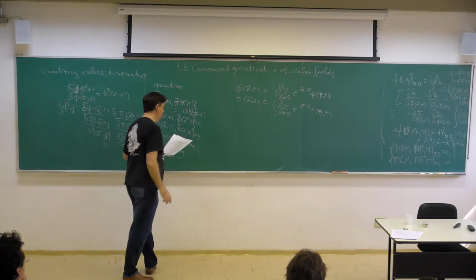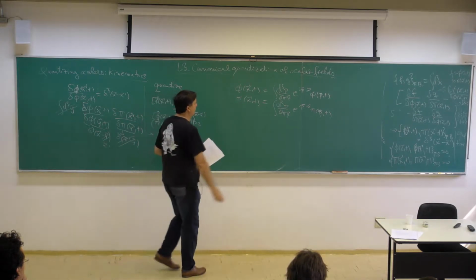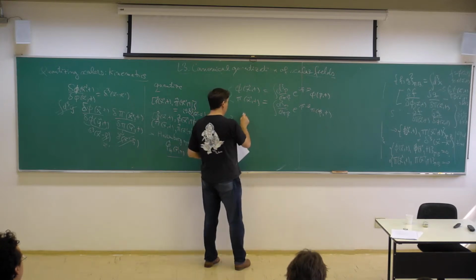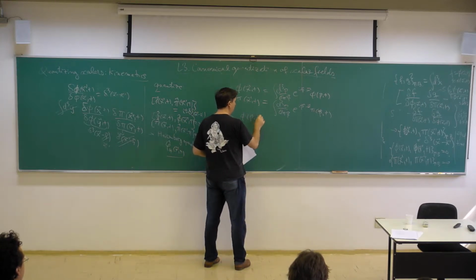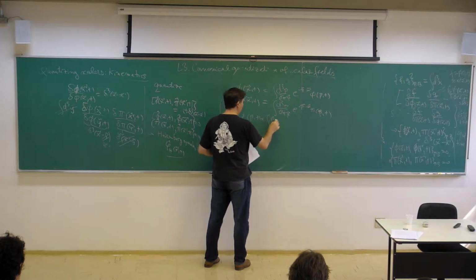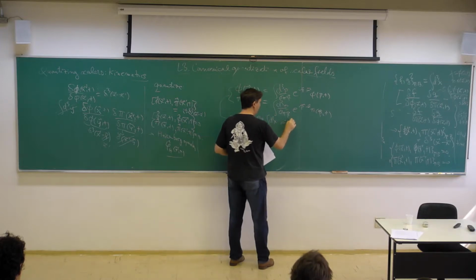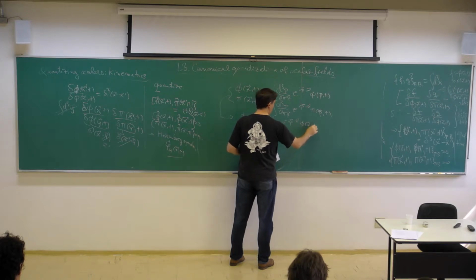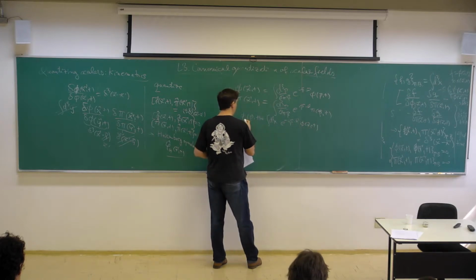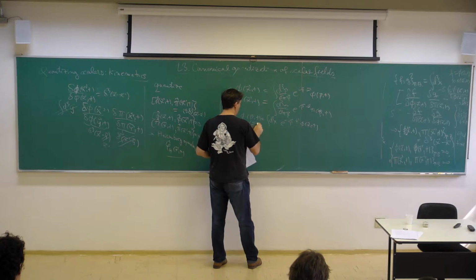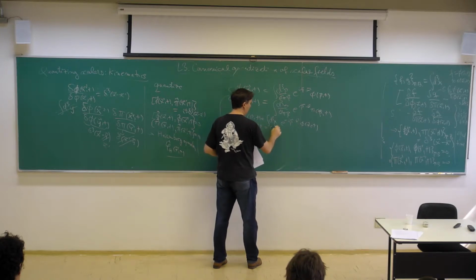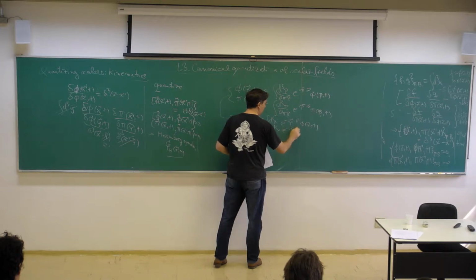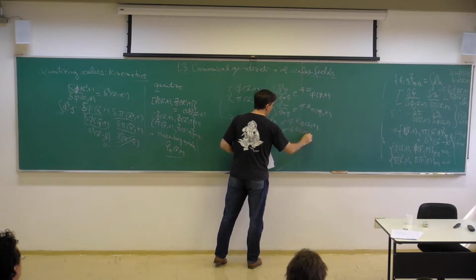And inversely, that corresponds to saying that phi of p and t is integral d3x e to the minus i p x phi of x and t, and pi of p and t is integral d3x e to the minus i p x pi of x and t.